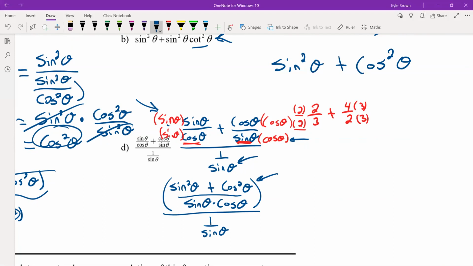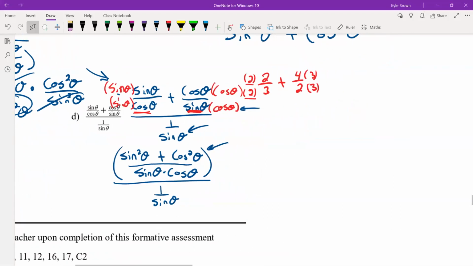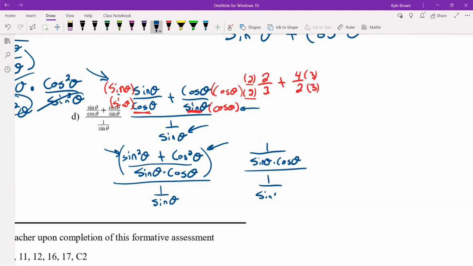But now we can start working on this, because look at the top here: sine squared theta plus cos squared theta, well, that's 1. So I can call that 1 over sine theta times cos theta, over 1 over sine theta.